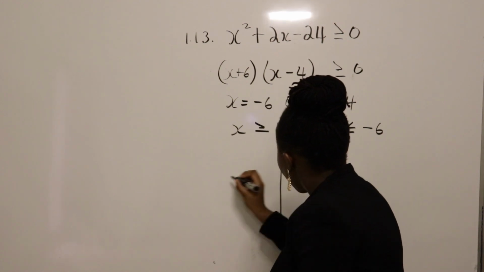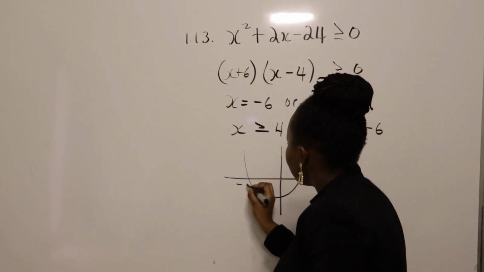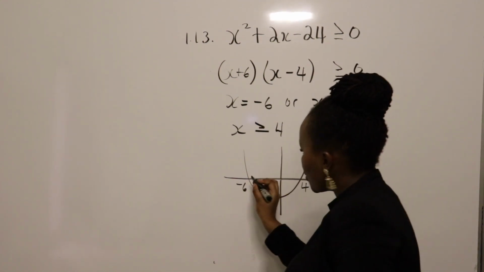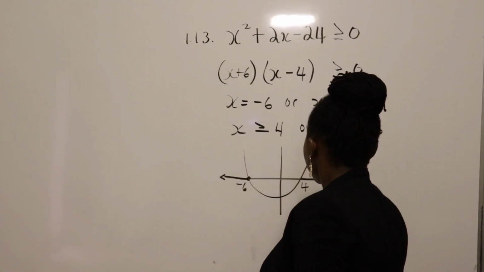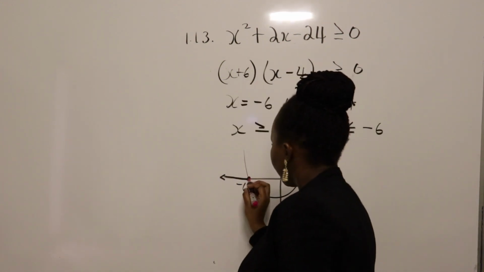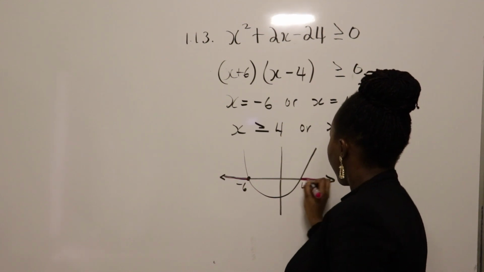You just draw your graph like this in a Cartesian plane. Okay, so this is minus 6 and this is 4. So you will say your solution starts from here and goes this way. Your solution goes that way. So I can use a different color so that you can see. Okay, here we go.